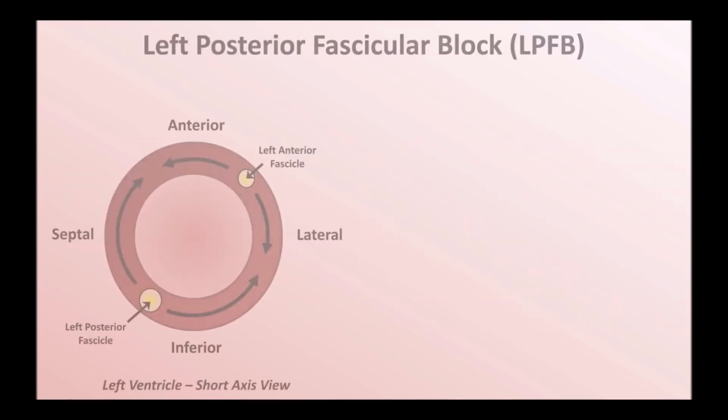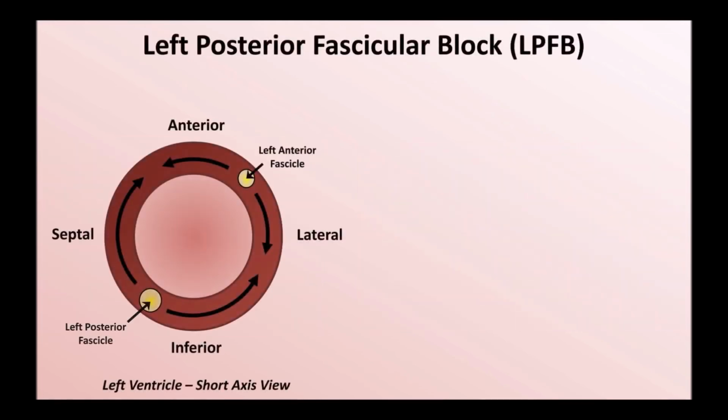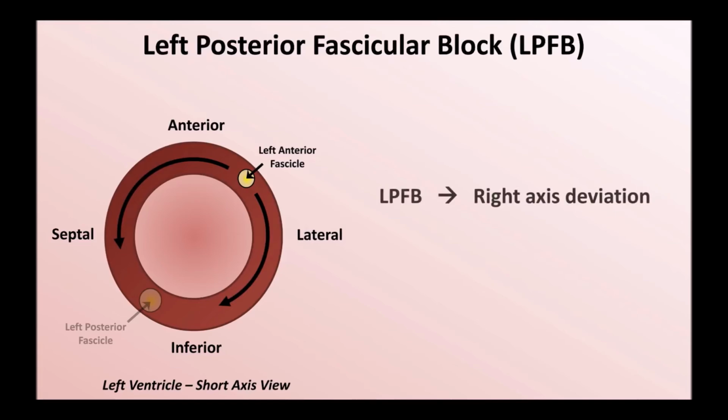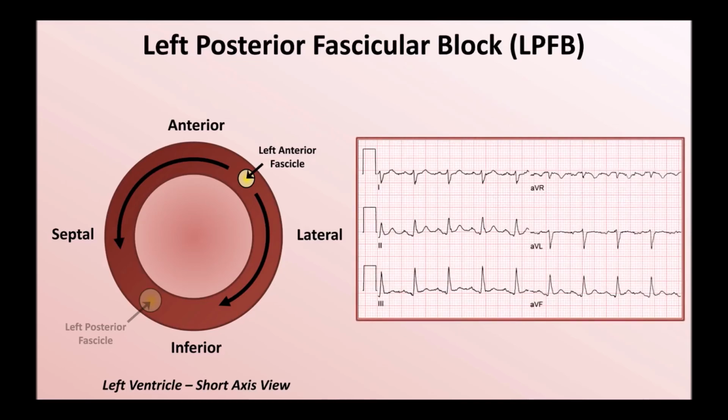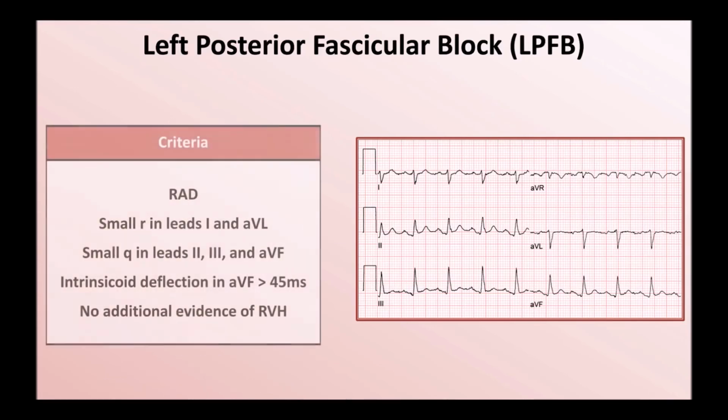In left posterior fascicular block, which is much less common, the left ventricular myocardium is depolarized solely from an anterolateral direction, which results in a right axis deviation. Here is an example. Specific diagnostic criteria is largely the converse of that for left anterior fascicular block.